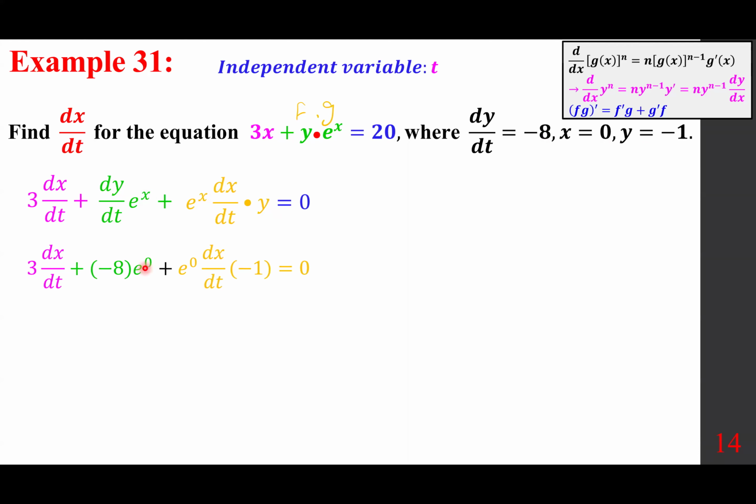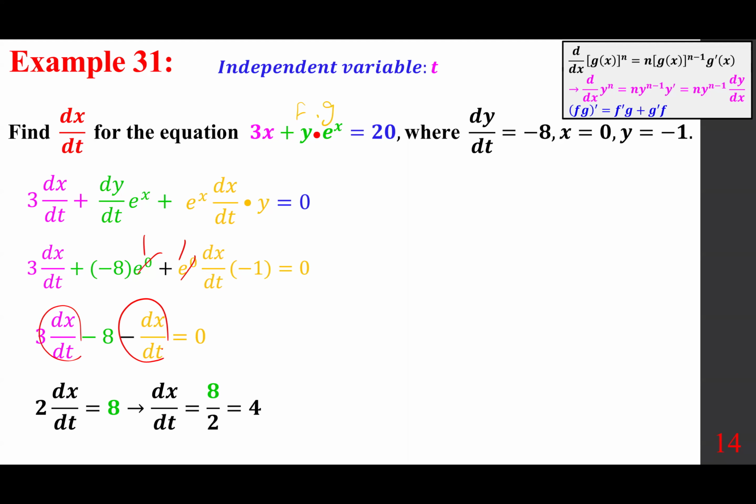When we plug in, of course, e to the power of 0 is 1. We get 3 dx dt minus 8 minus dx dt equal to 0, and this adds up to 2 dx dt. Negative 8 becomes positive 8 on the right, divided by 2, and we get 4. Very straightforward, everybody.